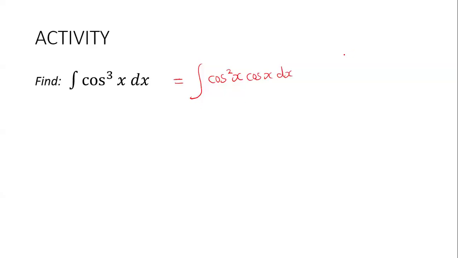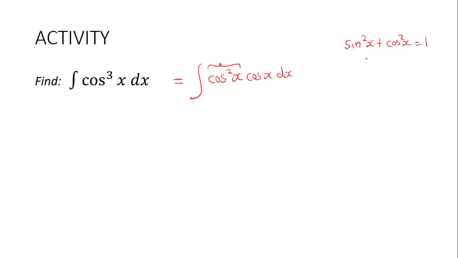Now, once we reach this step, we ask ourselves, do we know this identity that sine squared x plus cos squared x is equal to 1? Here we eliminate the even power. So I'm going to eliminate cos.